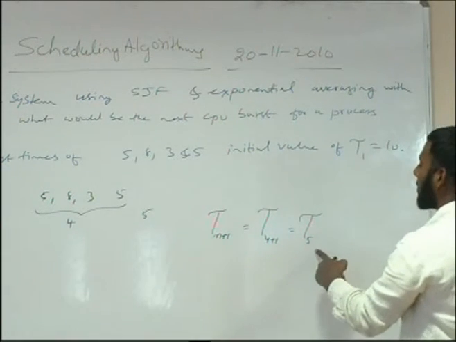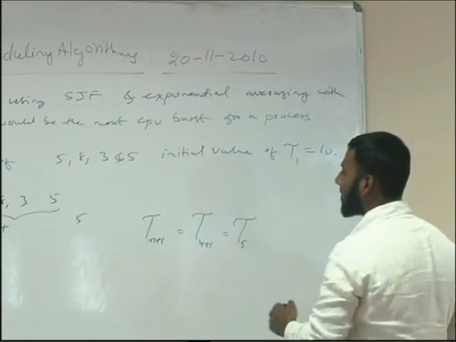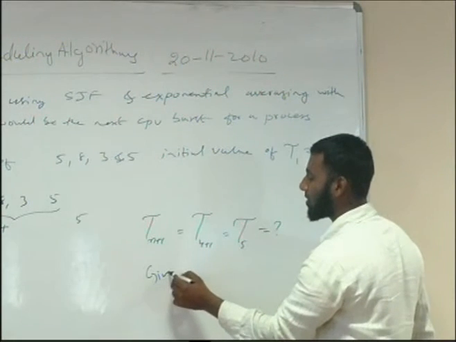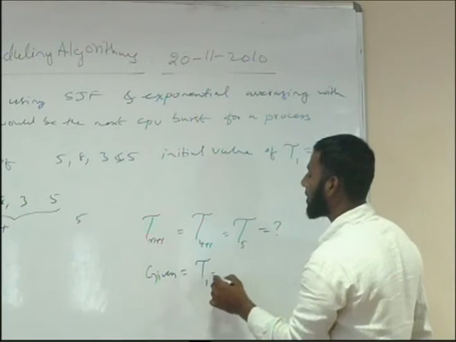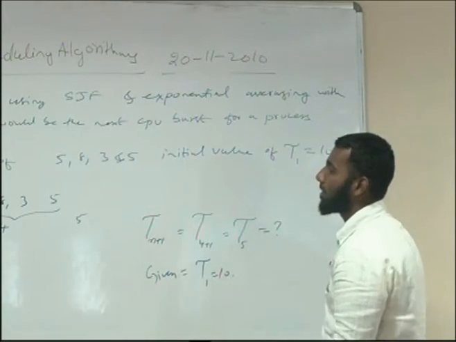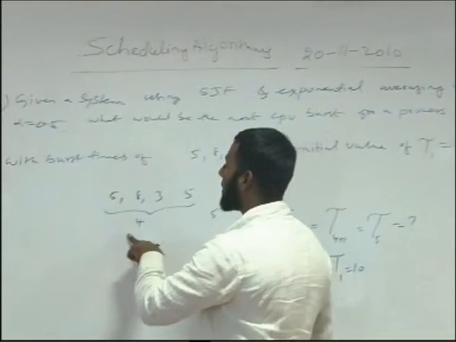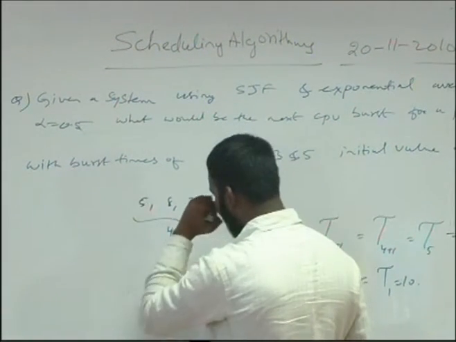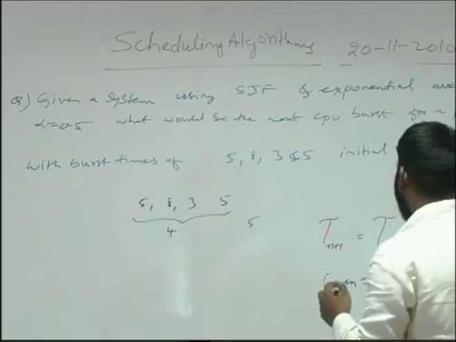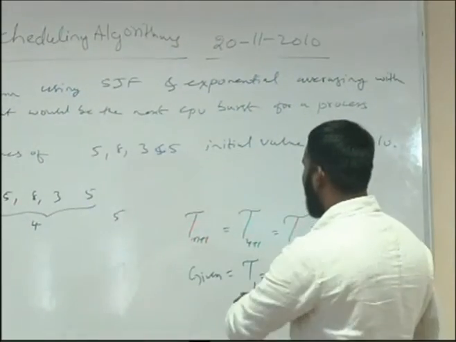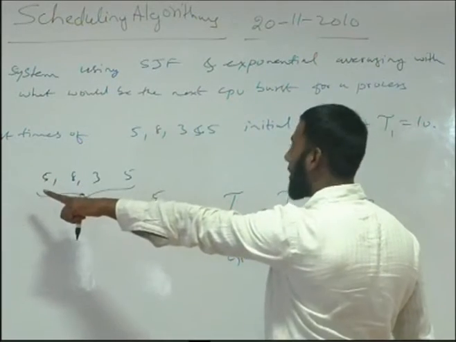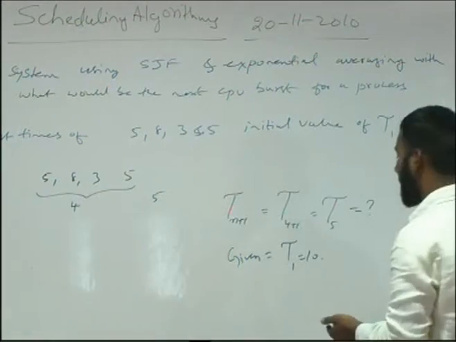I have to find out tau of 5, but what is given is tau of 1, which is equal to 10. Now, this recent information is given for the T n values, T1, T2, T3.